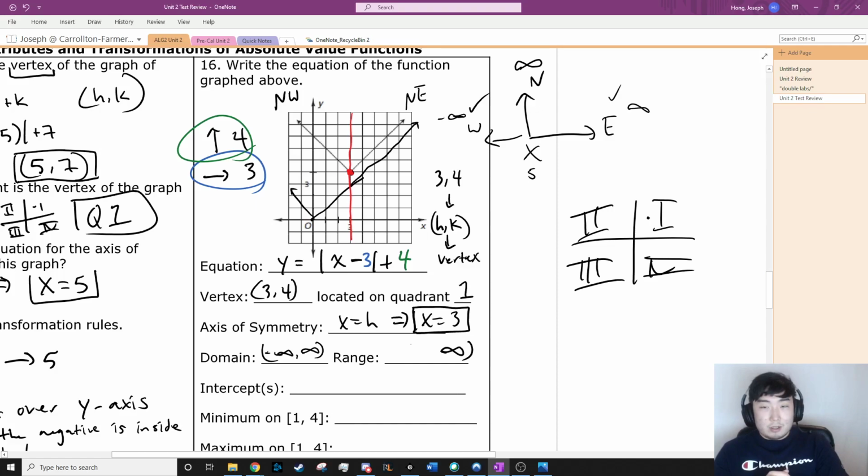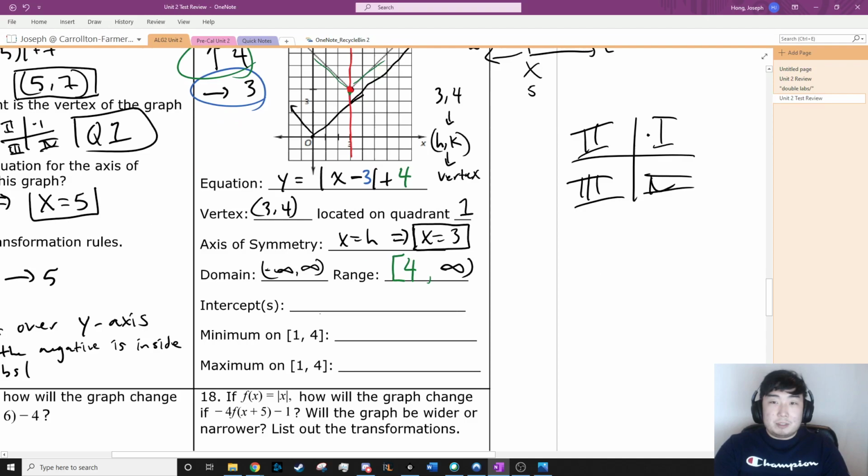It is 4. And yes, we use a bracket because we include that. You see this line right here? This is a solid dot. These are solid lines, right? Therefore, we use a bracket because we include it.